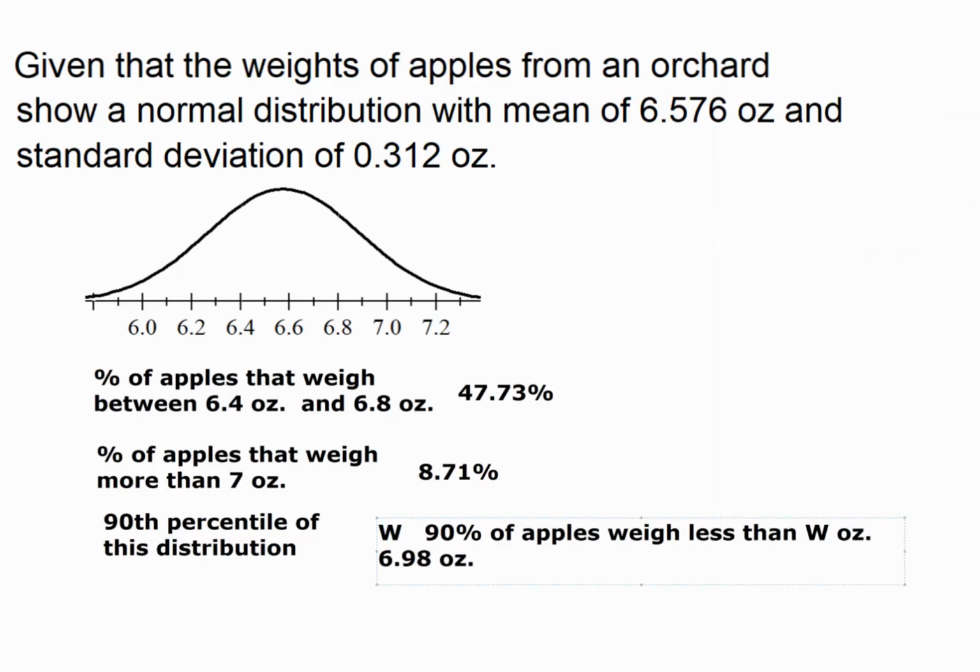And you can see that about 9% of the area is to the right of 7, so about 90% is to the left of 6.98. All right. Let's proceed with this information in the next video.